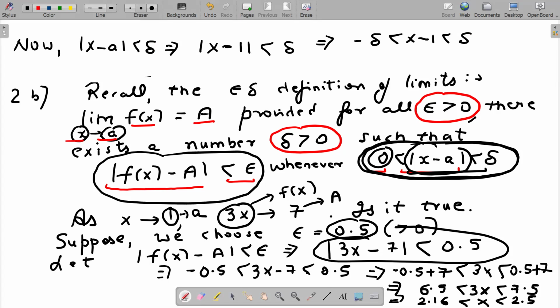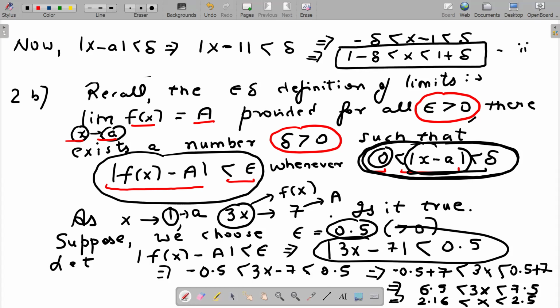Adding 1 to every side, 1 minus delta less than x less than 1 plus delta. This is what I get. Let's call it equation number 2. And at the bottom, you have equation number 1.